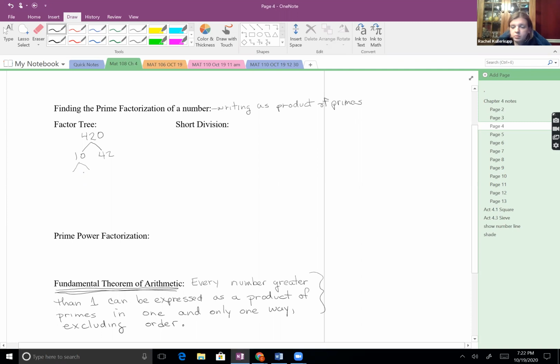Can anybody think of any numbers that multiply to 10? 2 and 5. Are there any numbers that multiply to 2, or is it prime? It's prime. How about 5? It's prime. Now, how about 42? Are there any numbers that multiply to 42? 6 and 7.